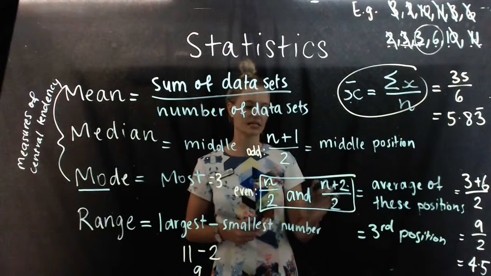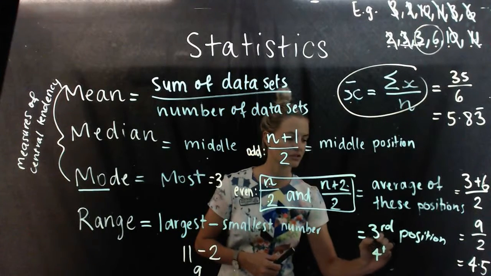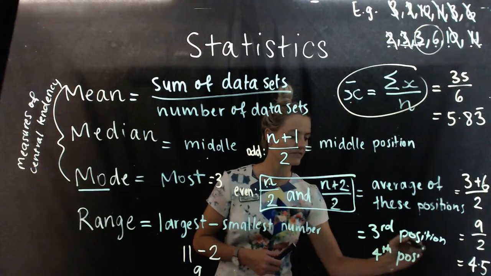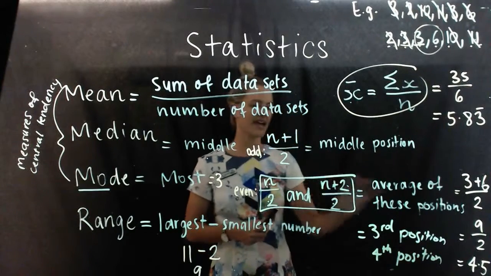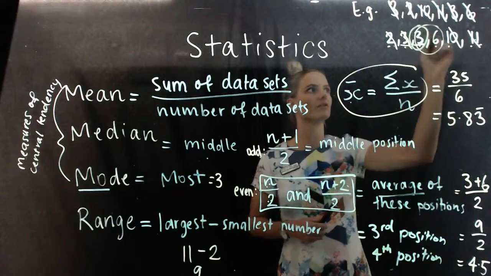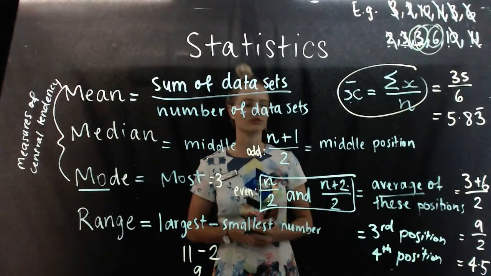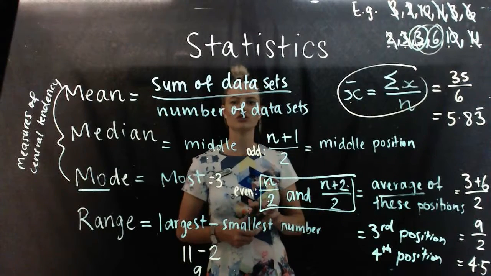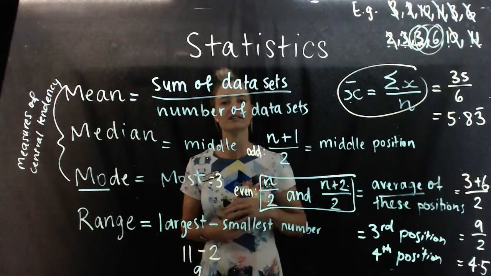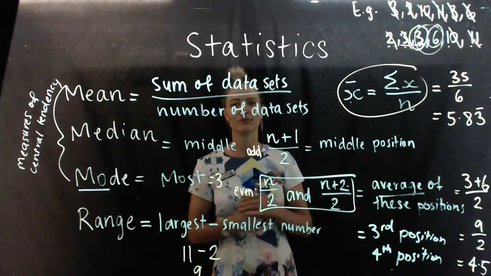N is 6, 6 plus 2, that's 8 divided by 2, the fourth position. I need to find the third and fourth position and find the average of these. The third position, 1, 2, 3, the fourth position, 6, 3 and 6, and we've already found the average of that, which is 4.5. So just showing you that there are two possible ways to work out what the median is, depending on the question and your preference as well.